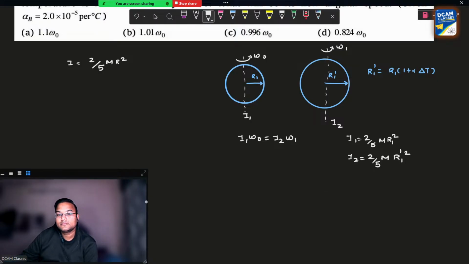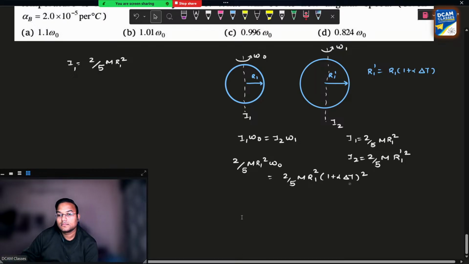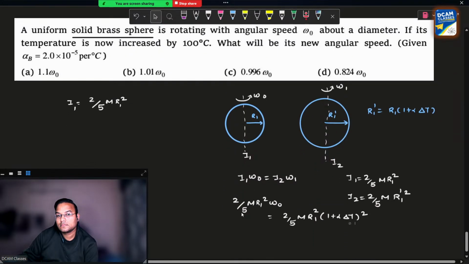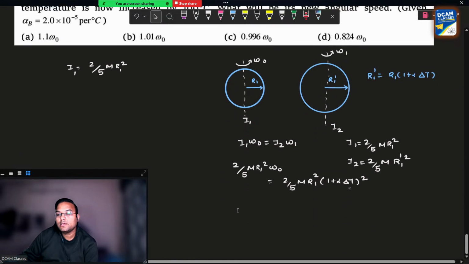We have to do the calculation actually here.